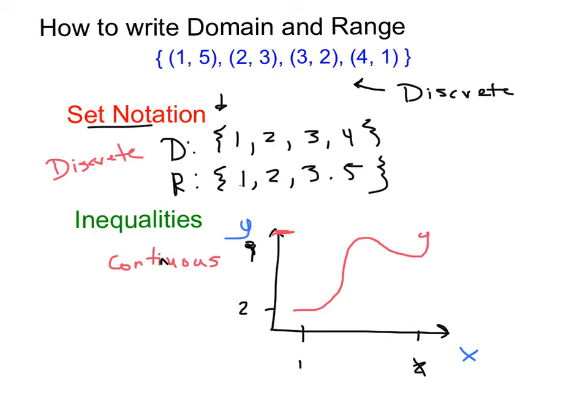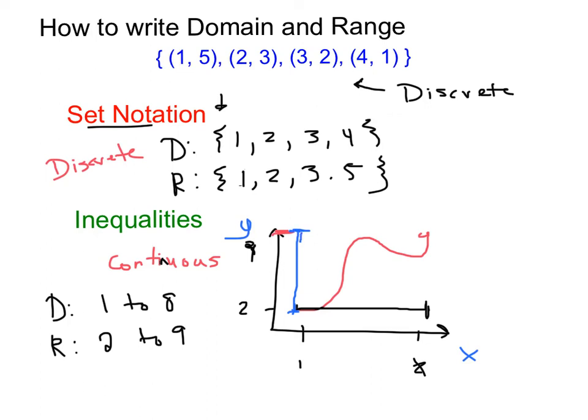And so we look at where my x values go from here to here for my graph. I would say my domain is 1 to 8, because it incorporates all of those values. And then my range is going to be from 2 to 9, because my graph starts at 2 and then ends up somewhere at 9.